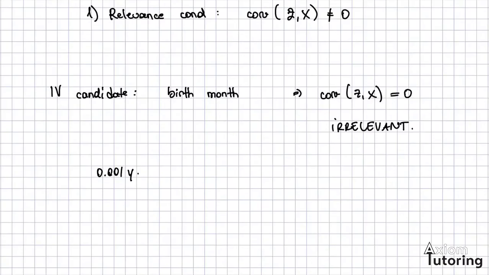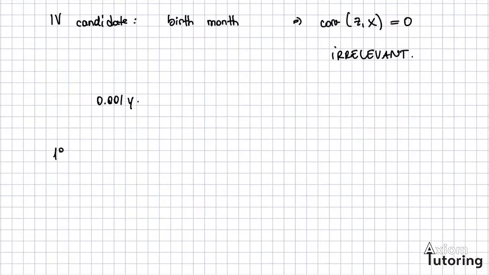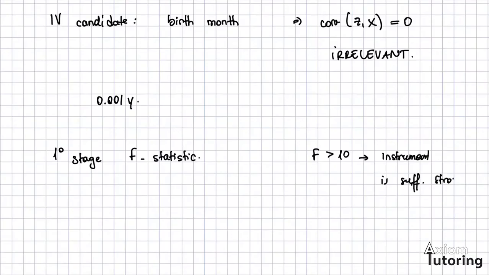For the first stage, you can use an F statistic, or the standard diagnostic test that you use for regressions. You can use the usual rule of thumb, where if F is bigger than 10, then the instrument is sufficiently strong.